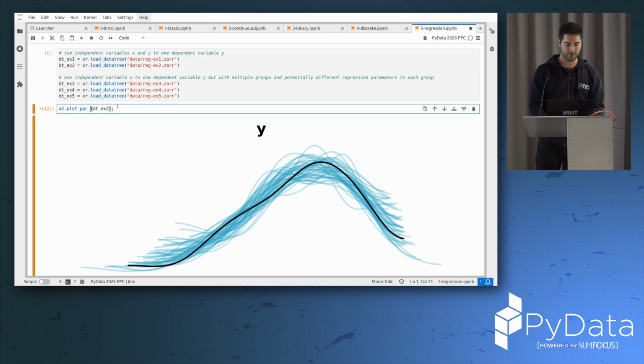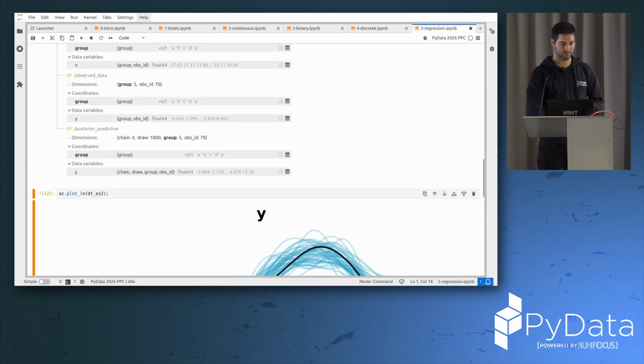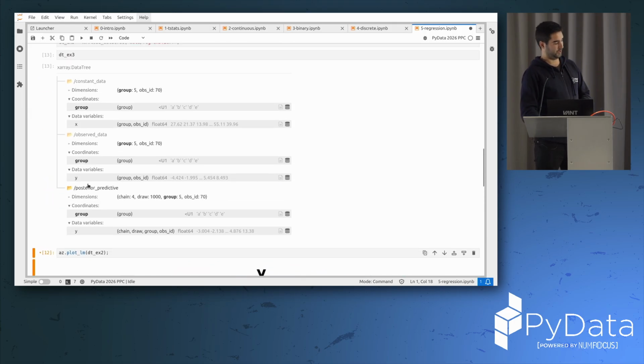And for the other one, we only have one independent variable and one dependent variable. We have multiple groups, and the groups can define the slope, the intercept, and the sigma of the regression. And we have this defined as a 4-dimensional array. So now the posterior predictive has chain, draw, group, and observation ID.